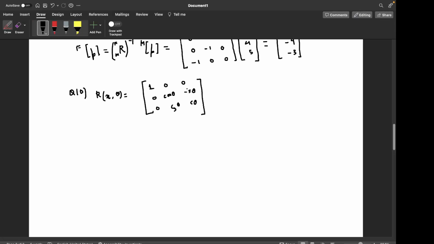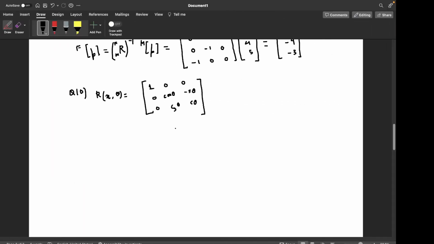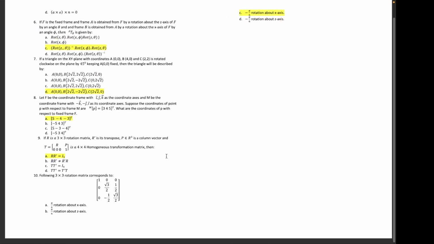So if we compare from this, we can see that cos theta is root 3 by 2, and minus sin theta is half, right? So this will give us the information about the sign or the direction of the rotation also. Minus sin theta is half, so theta should be minus pi by 6, my mistake.